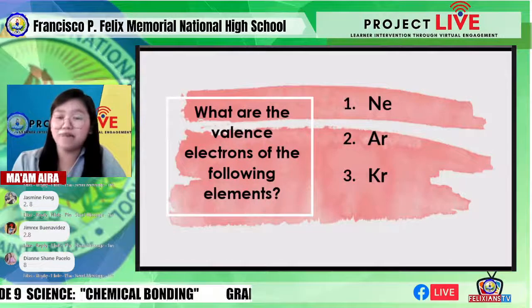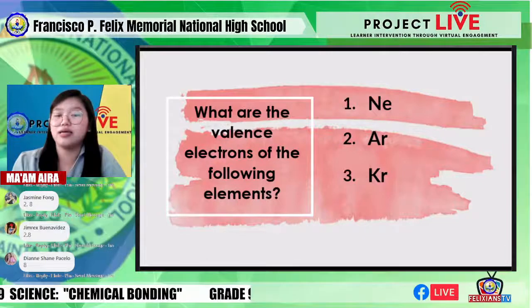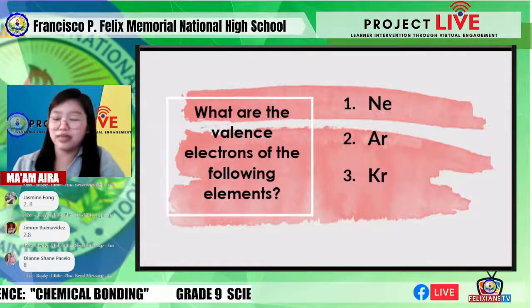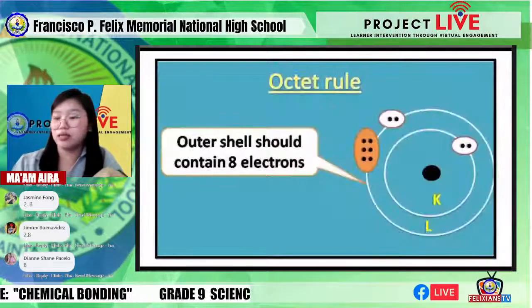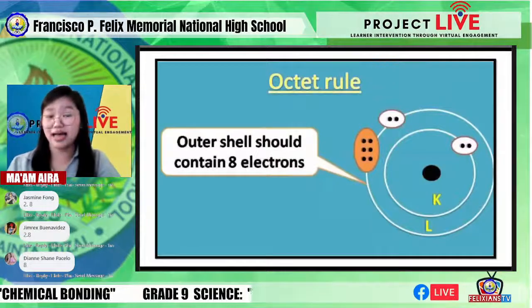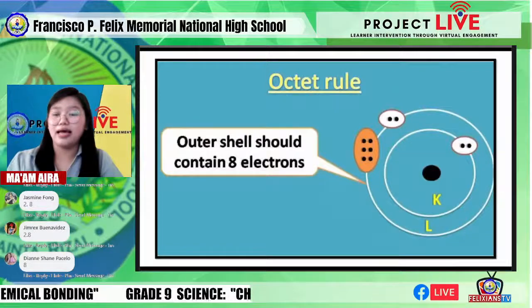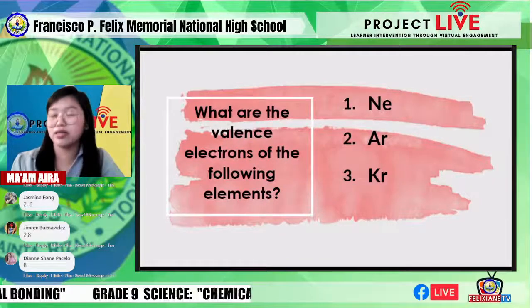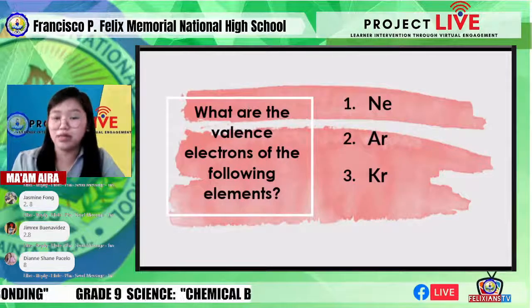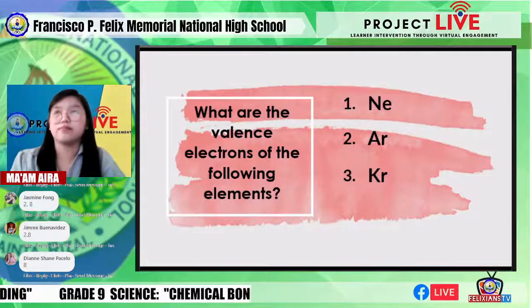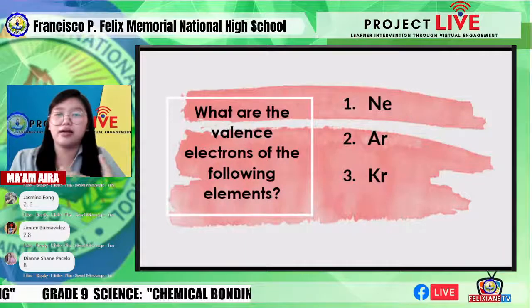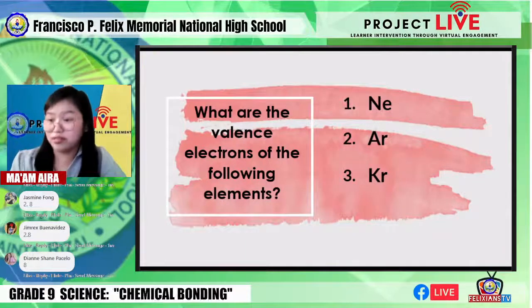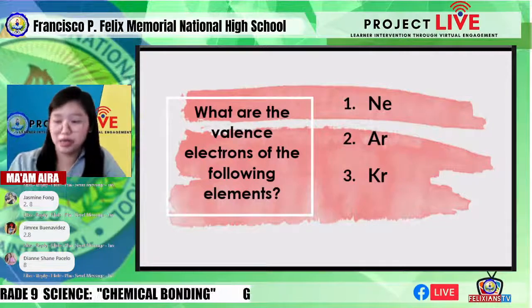The noble gas family is said to be stable. Dahil nga 8 yung kanilang valence electron, they are following the octet rule. So, sumusunod sila sa ating octet rule, which means these 3 elements, together with the rest of the noble gases, are all stable. They are all stable elements.